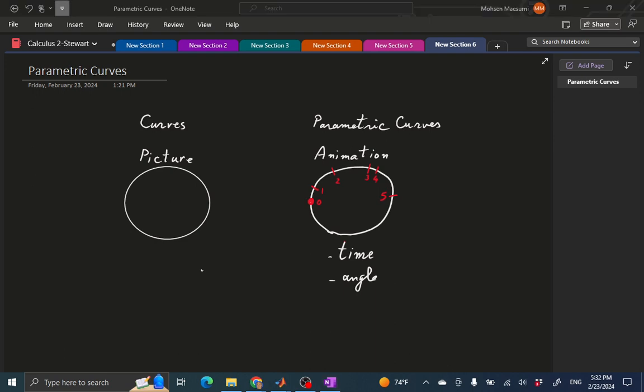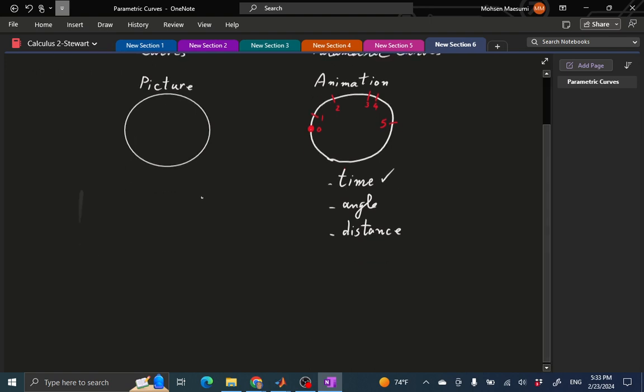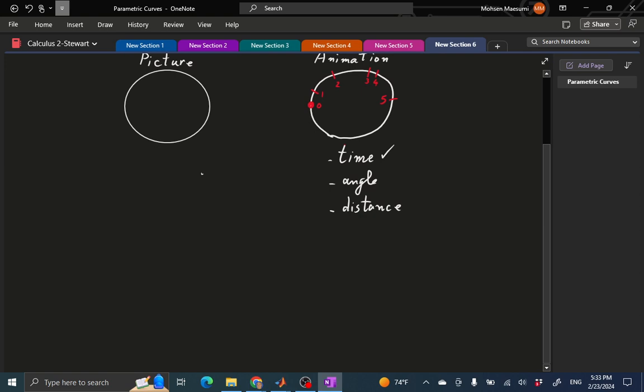You can also use distance to specify the location, like how far has somebody walked by the time it had arrived at a certain location. So let's go ahead and imagine that our variable is the time and see how we are going to go ahead and analyze data in this way.